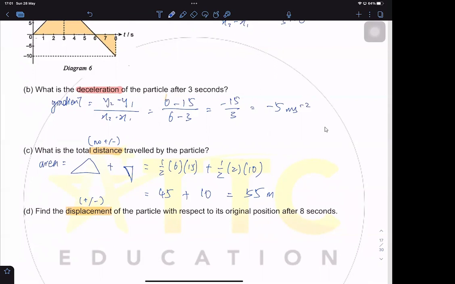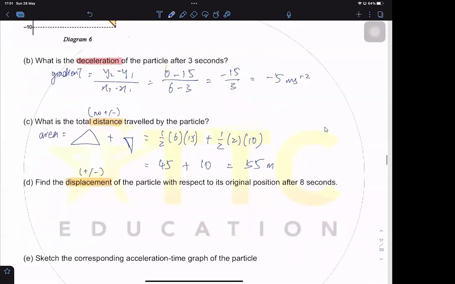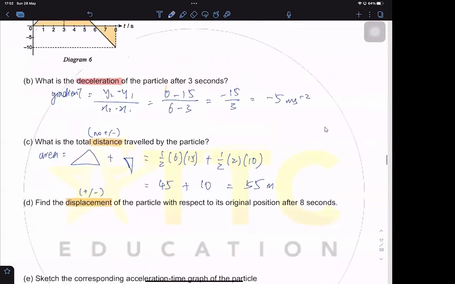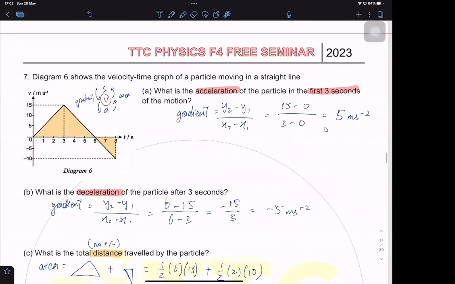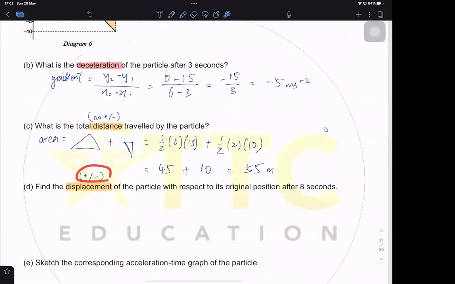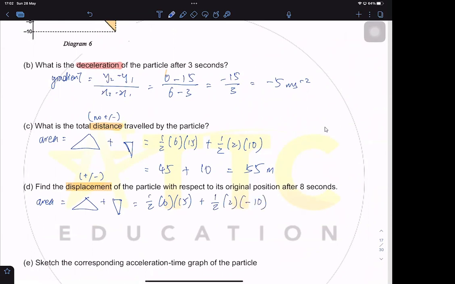Okay. Next, find the displacement. So now you are doing the exact same thing, because displacement also means go up, also means find area. But remember, there's positive and negative now. So everything is exactly the same, except when there is a negative, I must put the negative.